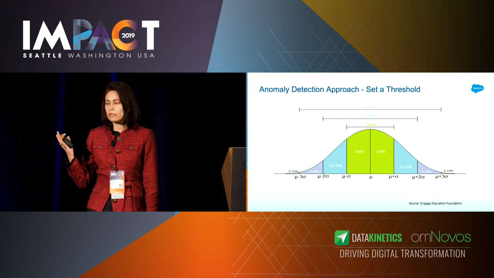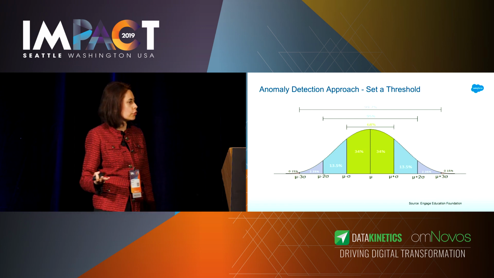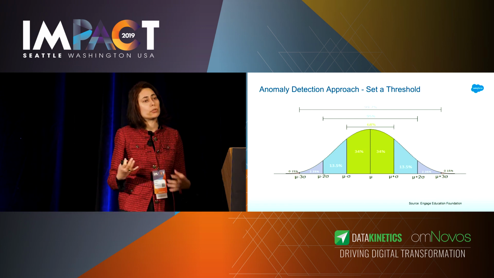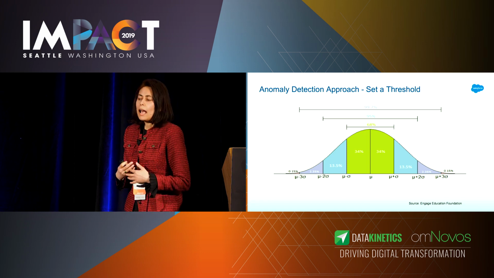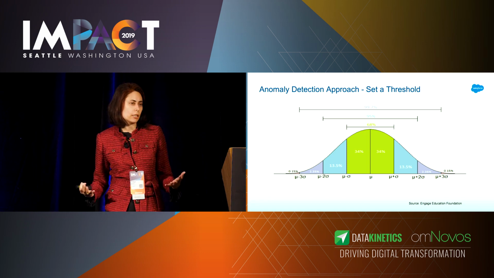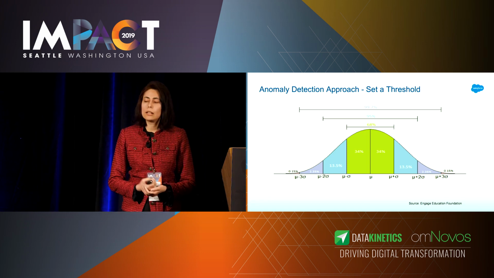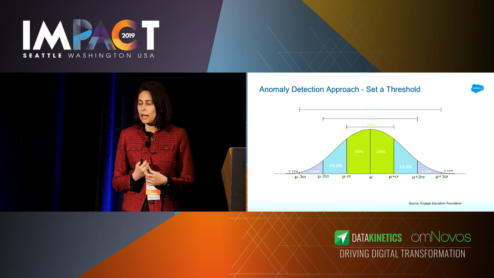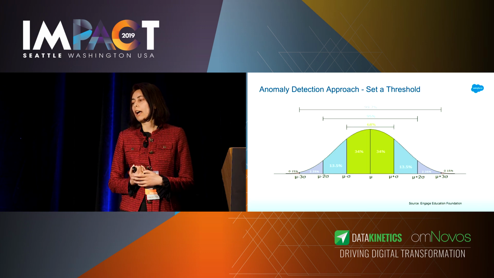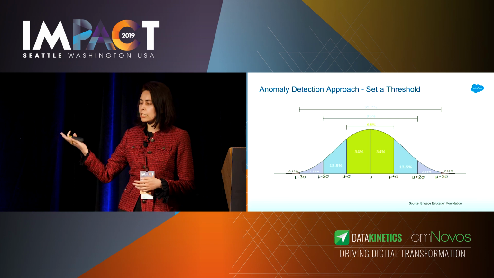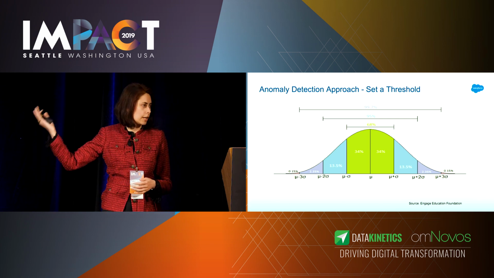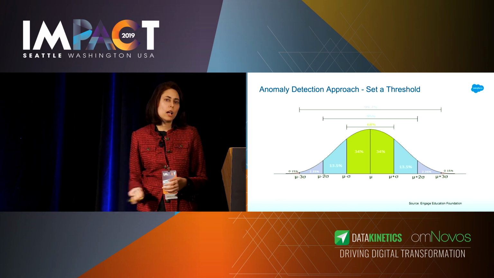The third and last step of the solution is to set a threshold. How do I know that my data is anomalous or not? To set that threshold, we will use the 68, 95, 99.7 rule.